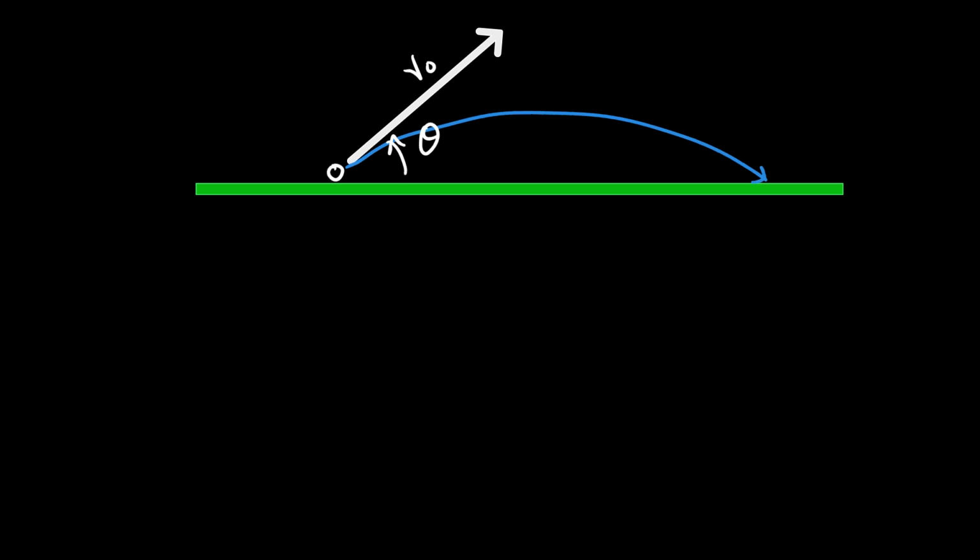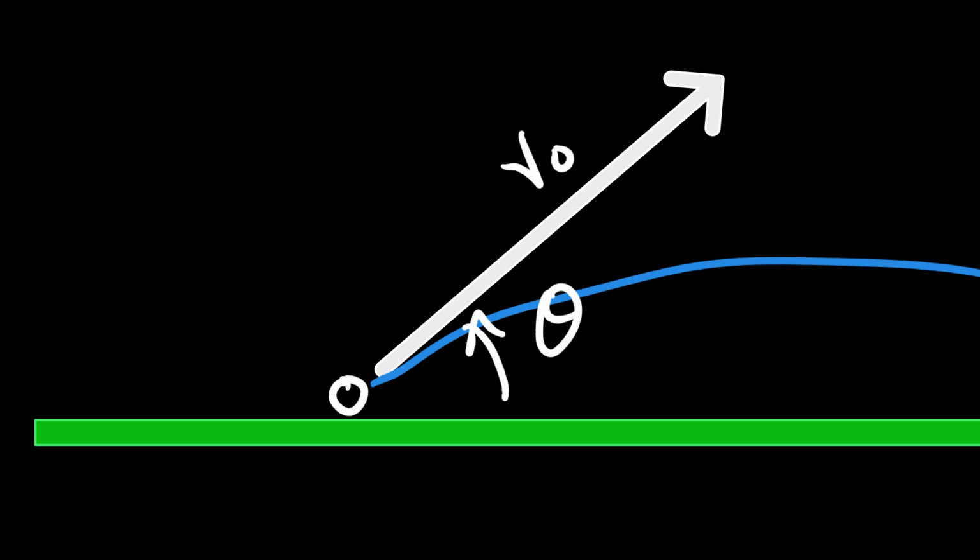Now, zooming in on just this for a minute. At the moment it's launched, there will be a horizontal velocity and a vertical velocity.